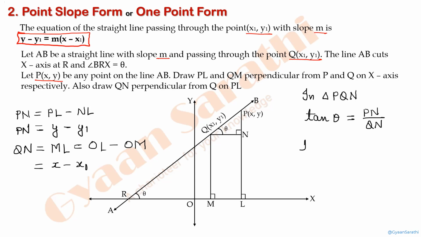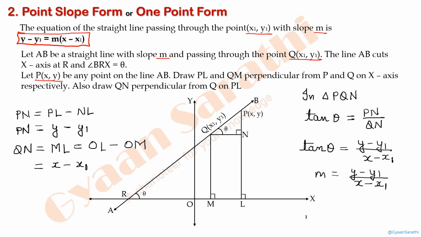So tan theta is equal to Y minus Y1 upon X minus X1. Now what is tan theta? Tan theta is actually M. So I can write M is equal to Y minus Y1 upon X minus X1.